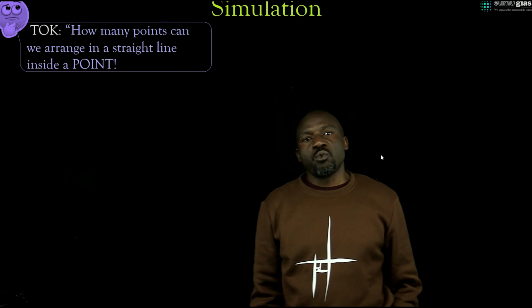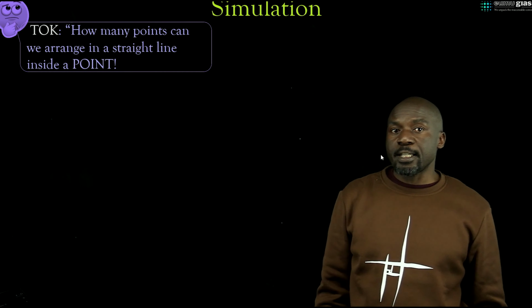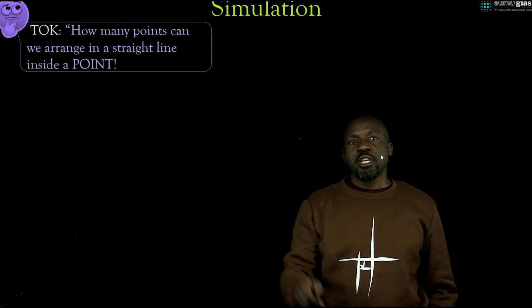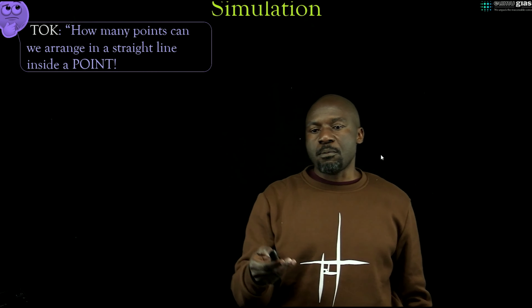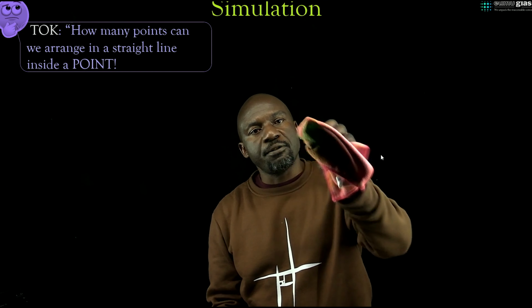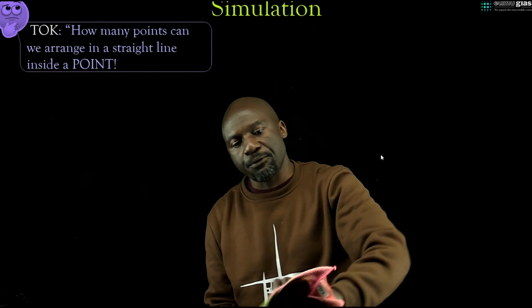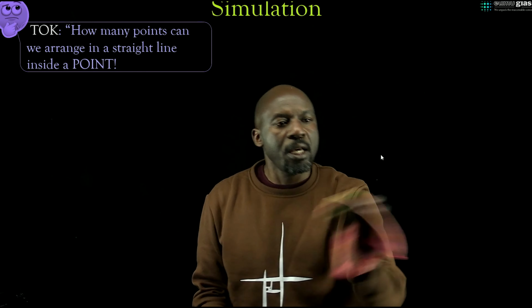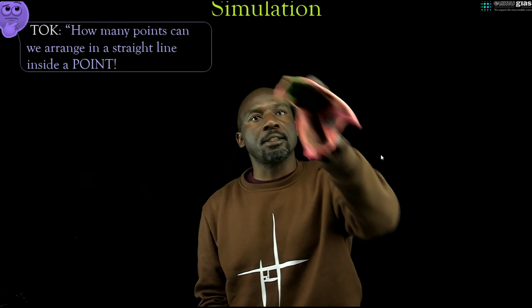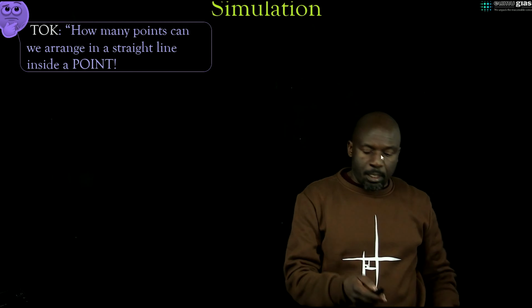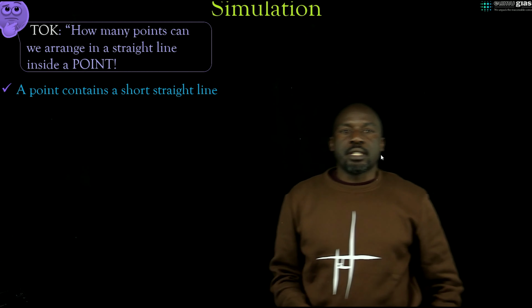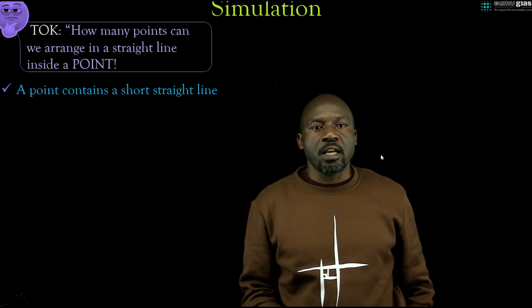How many points can we arrange in a straight line inside another point? All right, how many points can we form in a straight line inside another point? What kind of answer might you give to this kind of question? All right, is there a limit to the number of points you could put inside a point? Well, I am trying to convince you that a point really contains a short straight line.